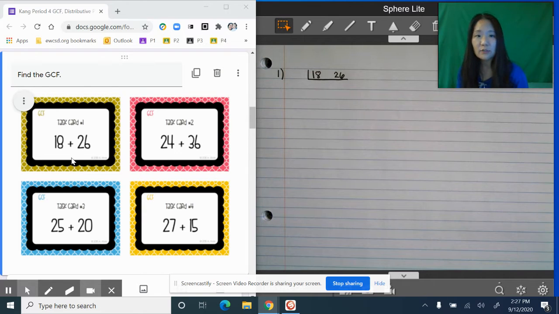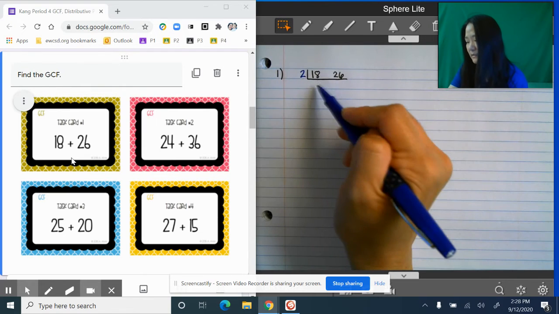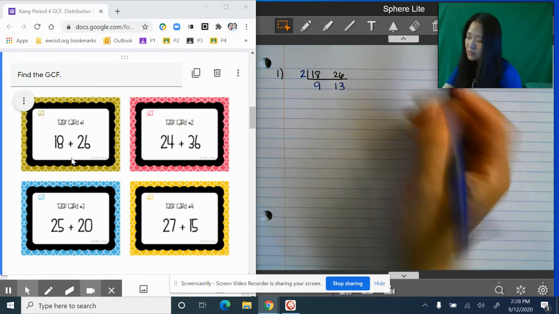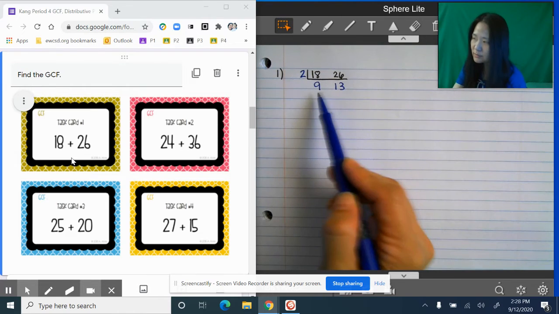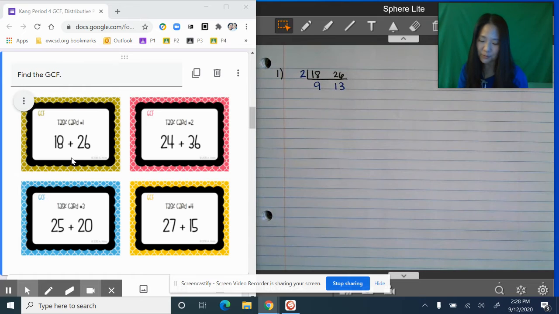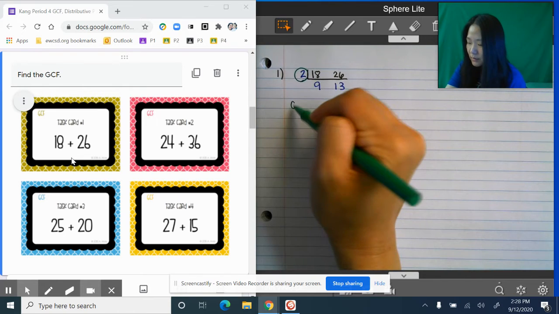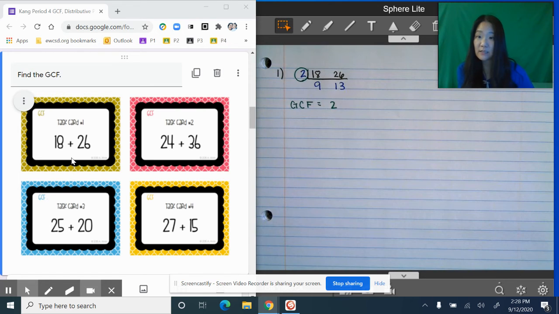A common factor of 18 and 26: since they're both even numbers, they're both divisible by 2. So I'm going to divide by 2. 2 goes into 18 9 times, and 2 goes into 26 13 times. 2 times 9 is 18, and 2 times 13 is 26. 9 and 13, there's no other common factor, which means the left number, which is simply 2, is your greatest common factor.